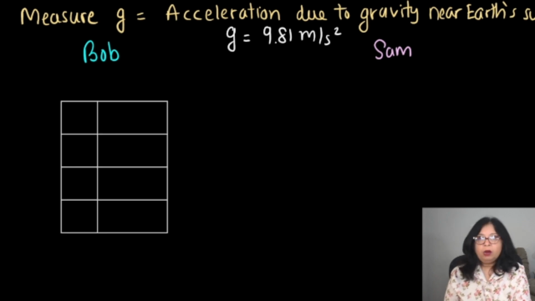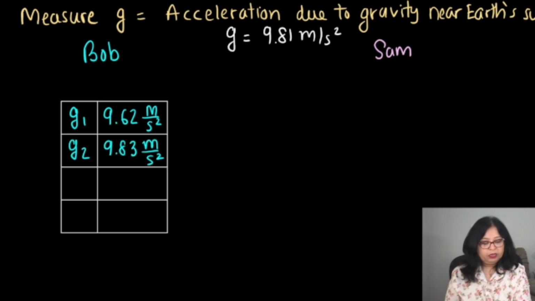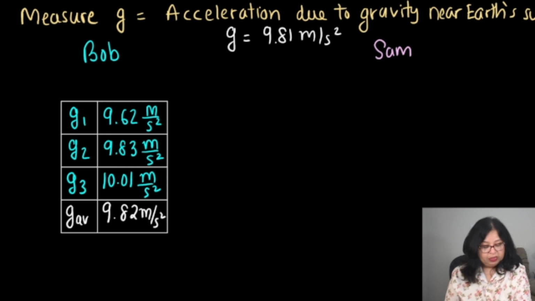Let's say Bob does 3 trials and he measures the value of g to be 9.62 meters per second squared in his first trial, 9.83 meters per second squared in his second trial, and 10.03 meters per second squared in his third trial. We're going to look at the average value of these 3 trials, and that average is 9.82 meters per second squared.